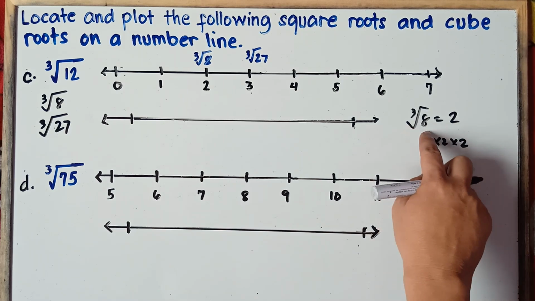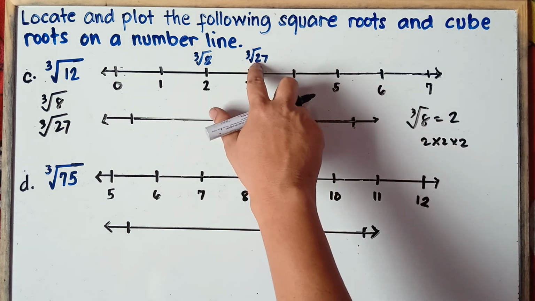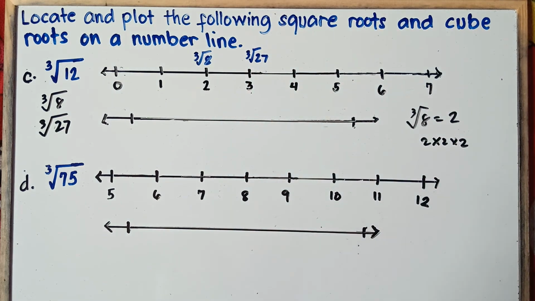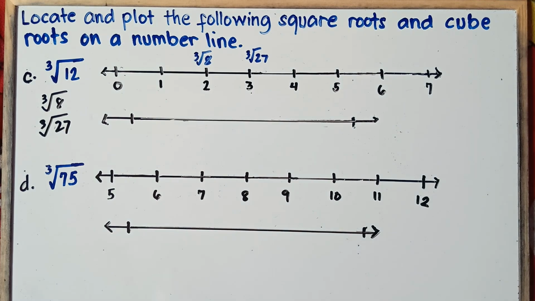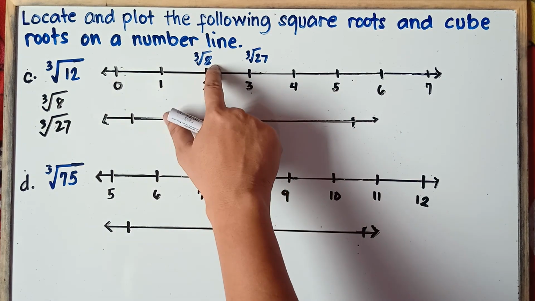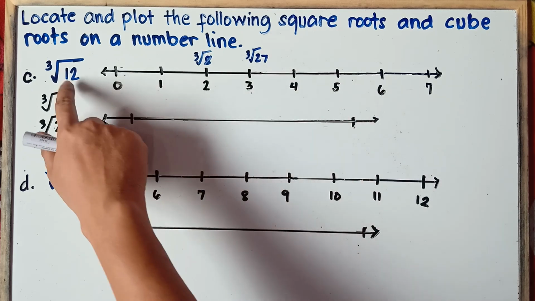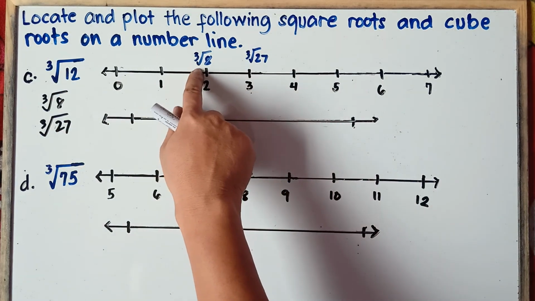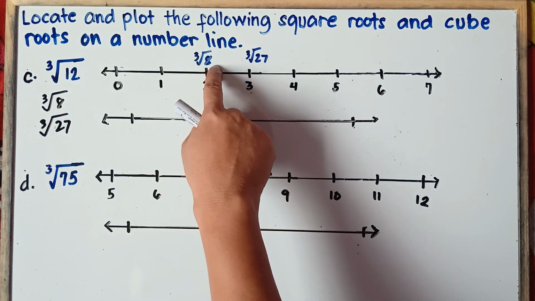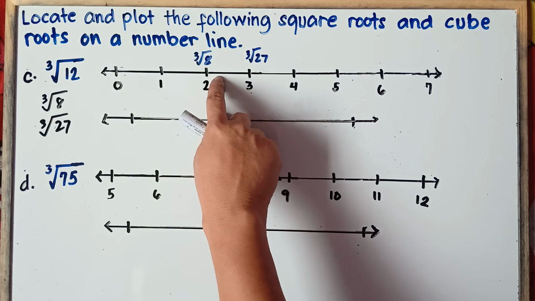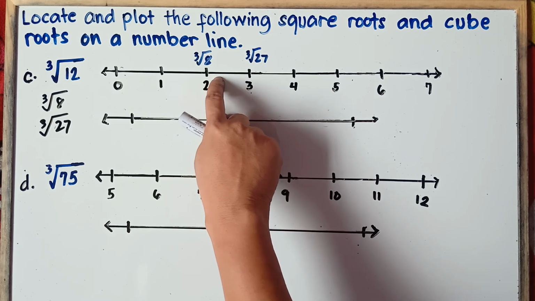And the cube root of 27 is 3, because 3 times 3 times 3 is 27. And the cube root of 12 is in between the cube root of 8 and the cube root of 27, right? Now, 12 is near 8. So therefore, we can estimate, class, that the cube root of 12 is near 2.